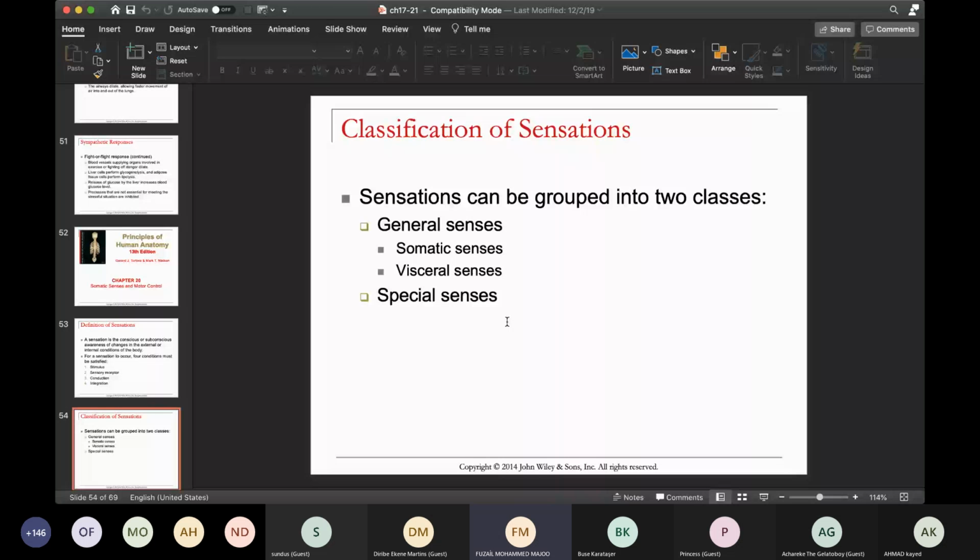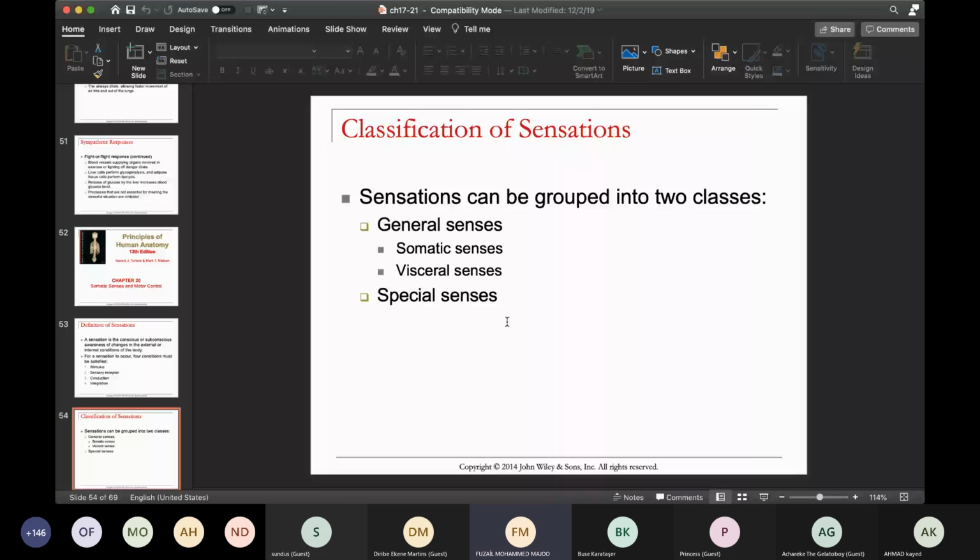Nobody knows special senses? Smell, taste, vision, hearing, as well as equilibrium. These are your special senses.